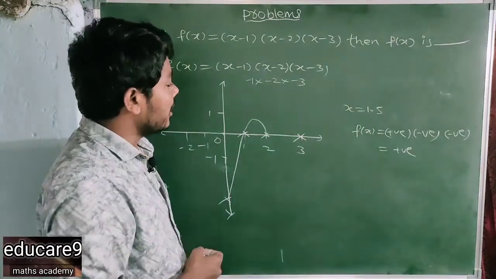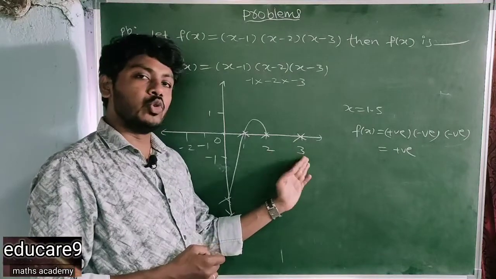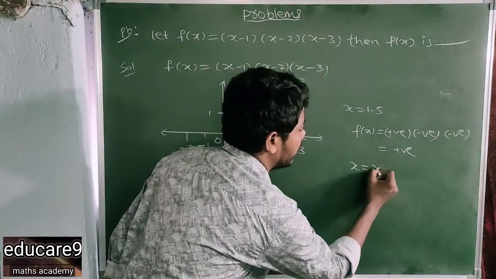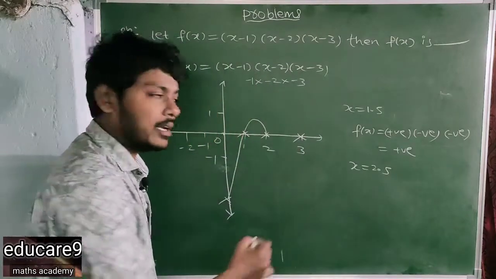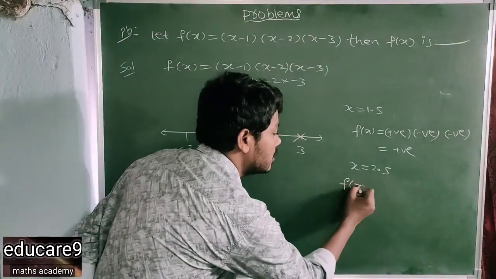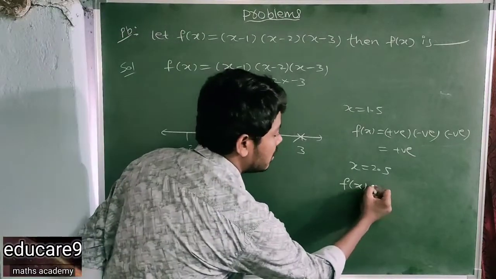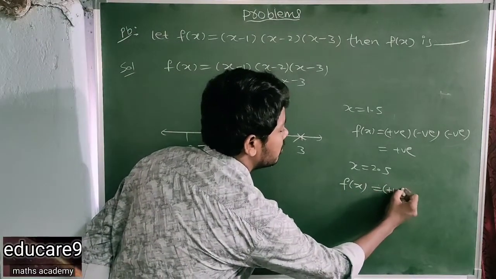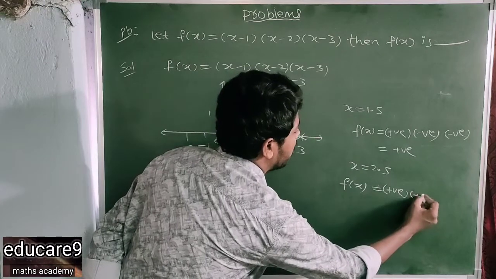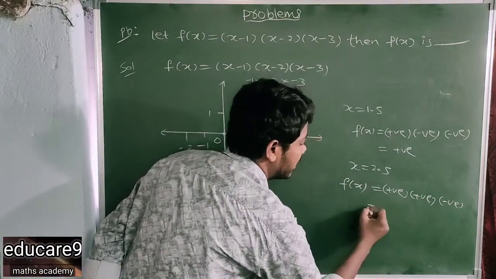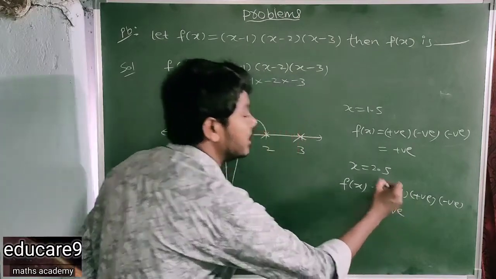And if x lies in the interval 2 to 3, for example x = 2.5, what do you get for f(x)? Here 2.5 - 1 is positive, 2.5 - 2 is positive, 2.5 - 3 is negative. So clearly the outcome is negative.